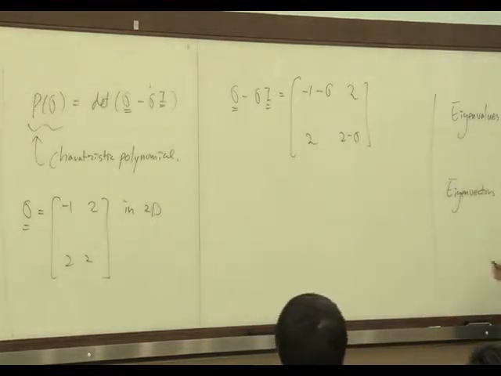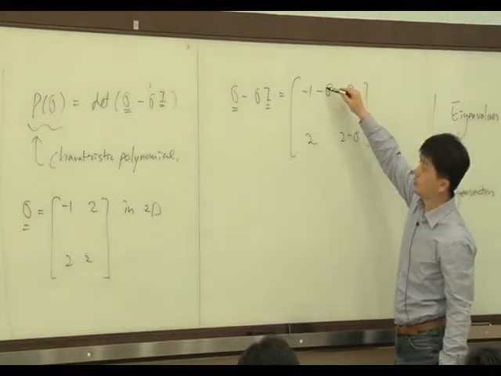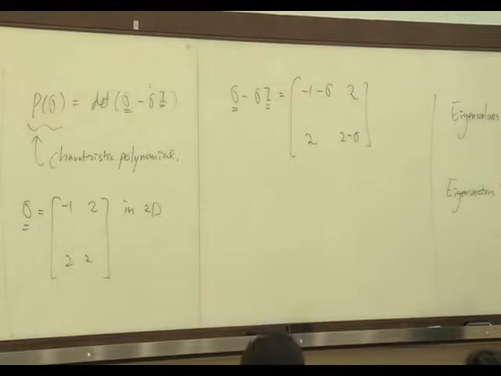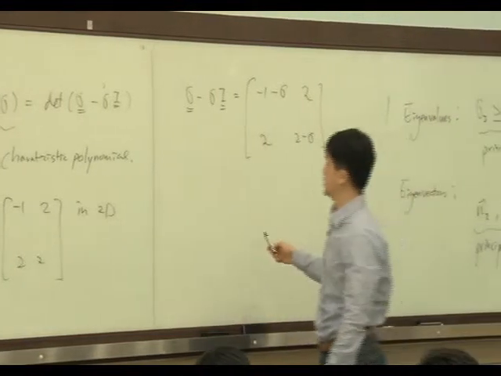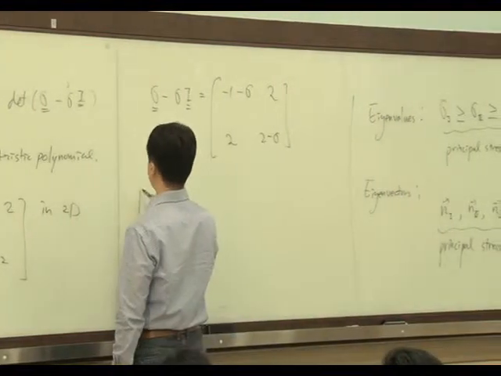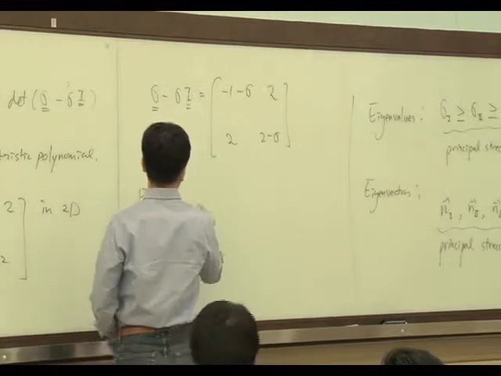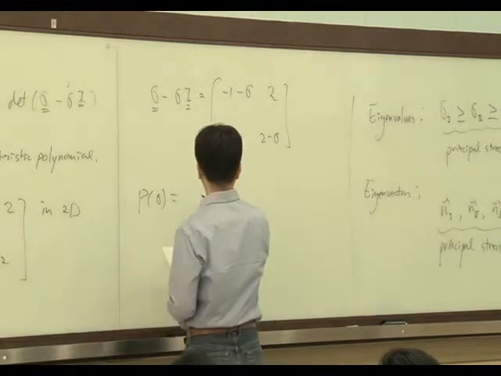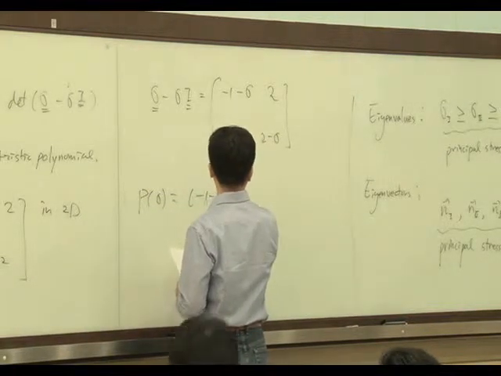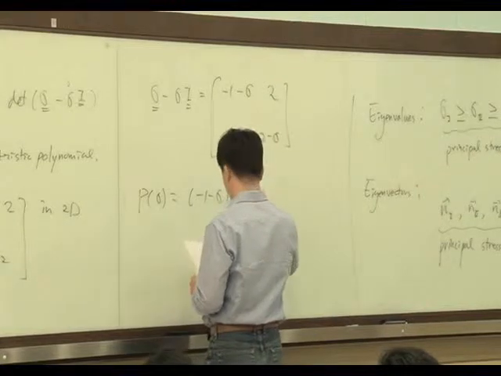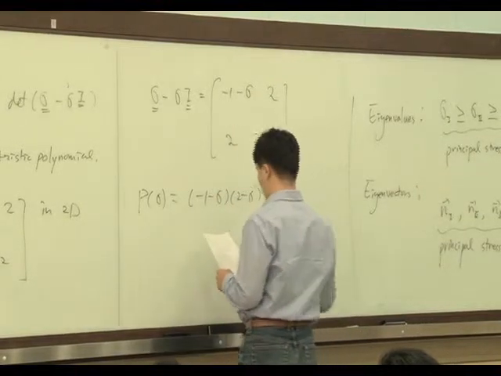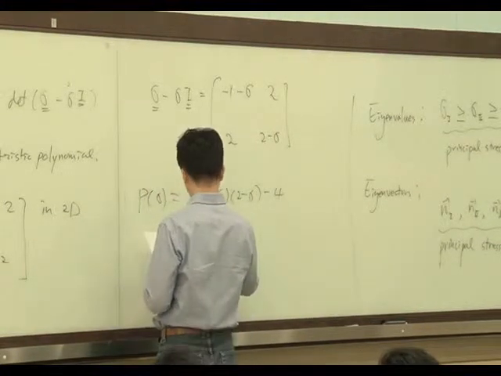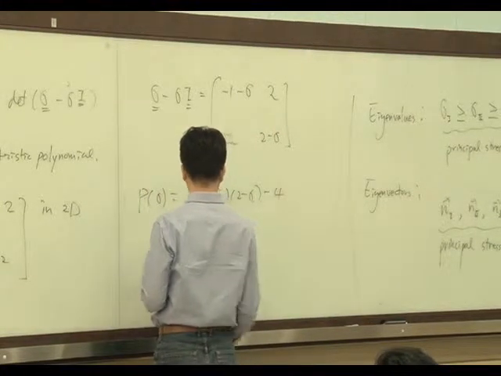So only for the diagonal components, we subtract the sigma. And what's the determinant of this? So the characteristic polynomial becomes, you know how to calculate a determinant, it's simple, (-1 minus sigma)(2 minus sigma) minus 4. And this is sigma squared minus sigma minus 6.